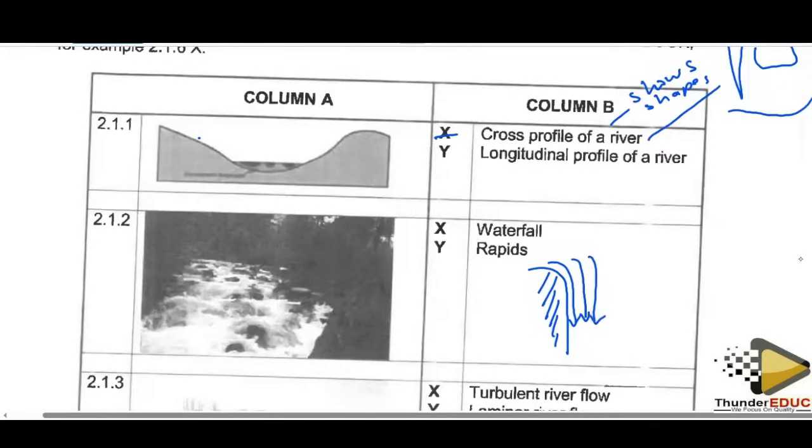But if we look in this diagram, you can see these are rocks along the river channel. These are rocks, and where we have rocks along the river channel, they'll end up forming or creating rapids, or what we call mini waterfalls. So that is why for 2.1.2, the answer will be rapids. Okay.